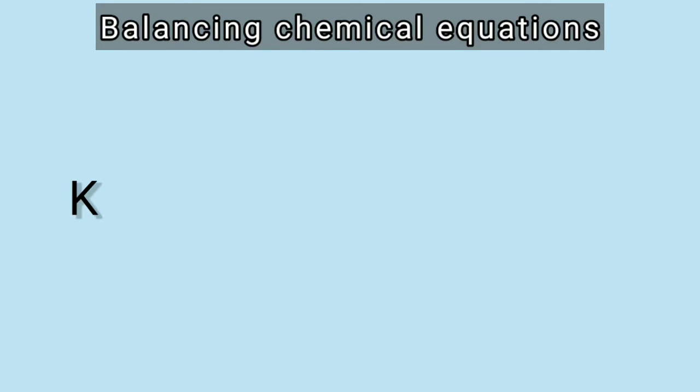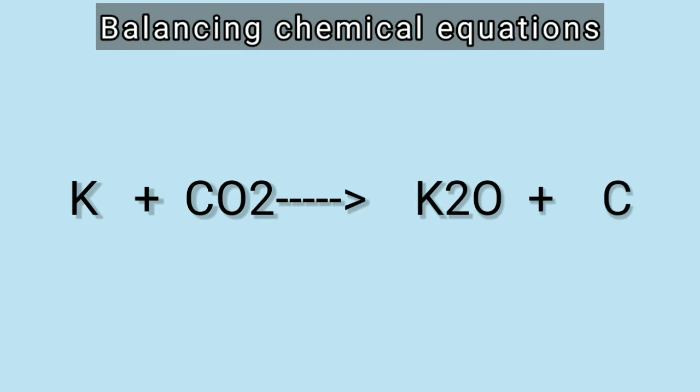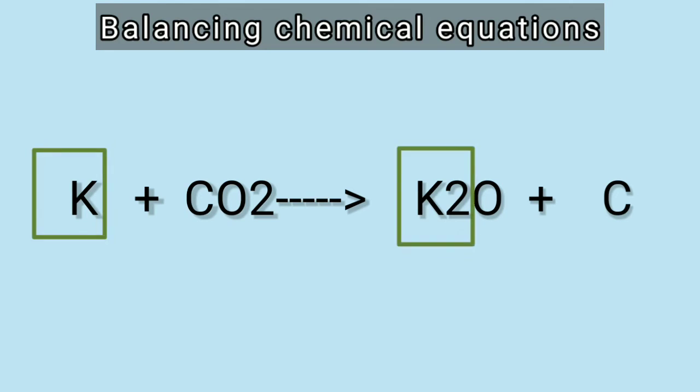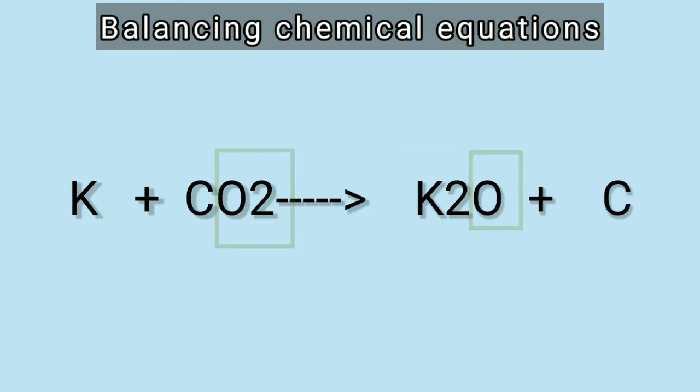In the next equation, potassium reacts with carbon dioxide to form potassium oxide and carbon. This equation has 2 potassium atoms on the right side and 1 on the left side. So the number of potassium atoms is unequal. Also the number of oxygen atoms is not balanced. It is 2 on the left side and 1 on the right side.